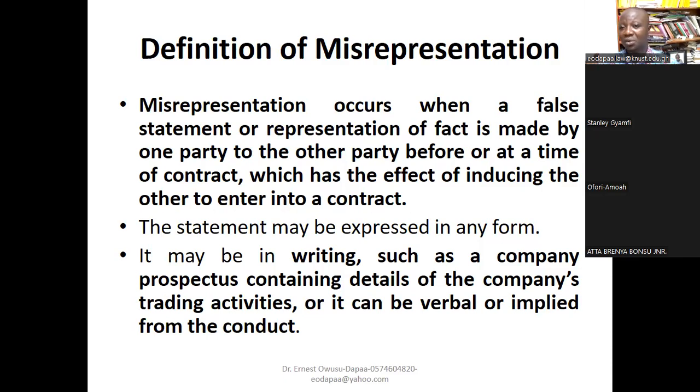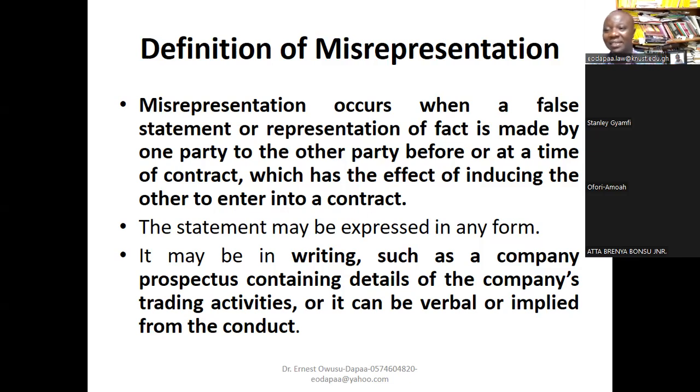So looking at that definition, key things which stand out are the fact that there's a false statement, right? A false statement or representation of fact is the same thing. If you say you've made a representation, that is a statement, right?